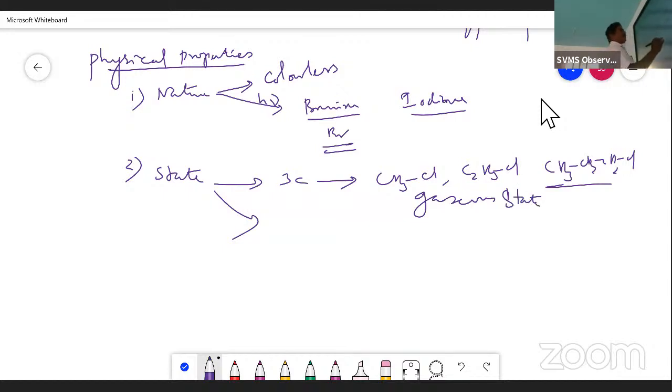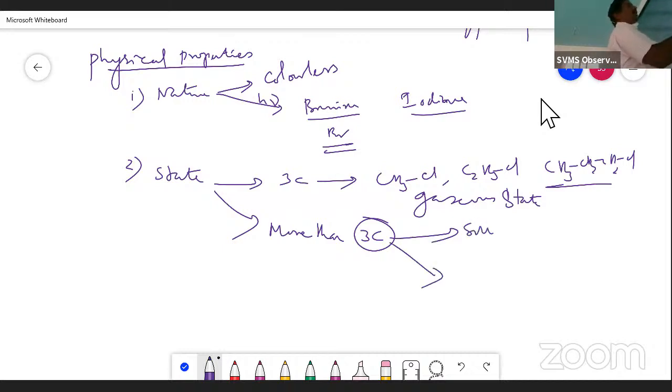More than 3 carbons are in the solid or liquid state.